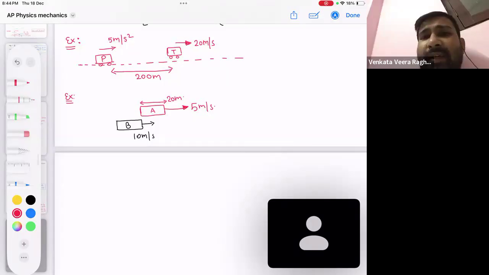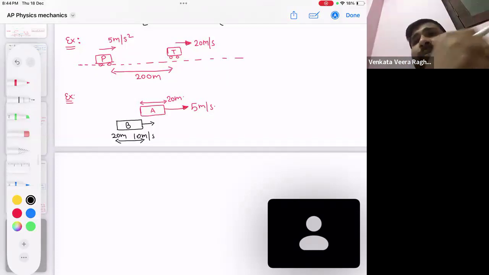Let's take it the same. The length of each car is the same, 20 meter, given to us. So the behind one, and there is no acceleration. Both are moving with uniform velocity only.